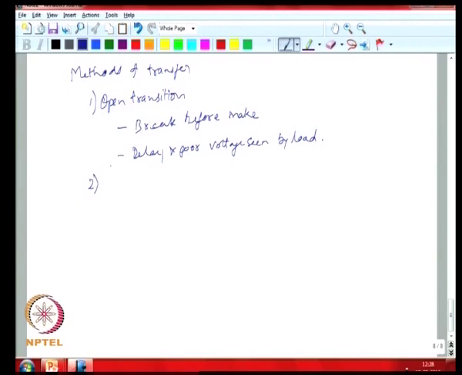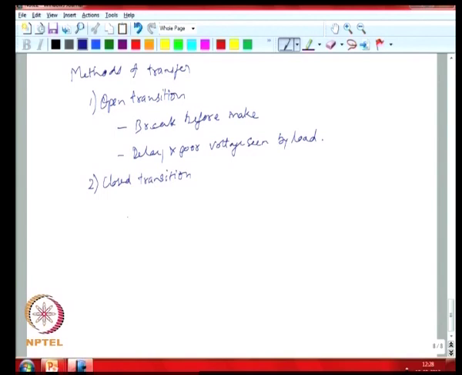The other possibility is a closed transition. In a closed transition, essentially you turn on both the switches first, and then you turn off the switch you want, the source which you want to disconnect from. Okay.